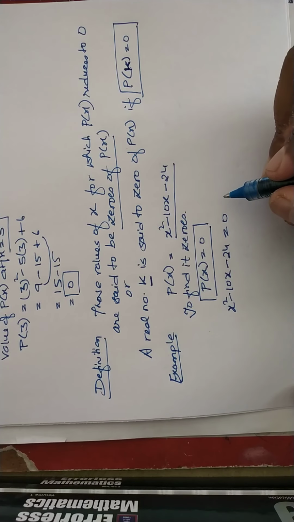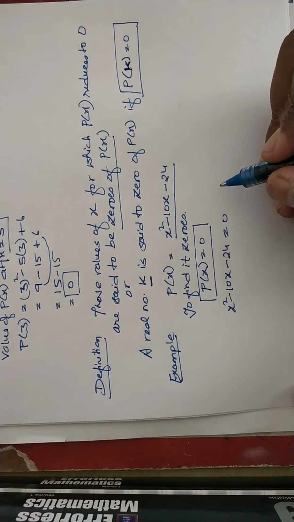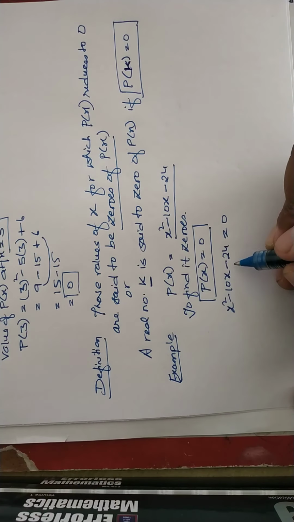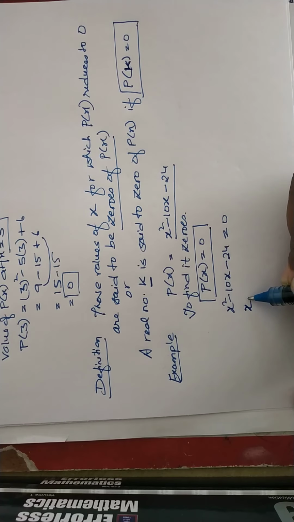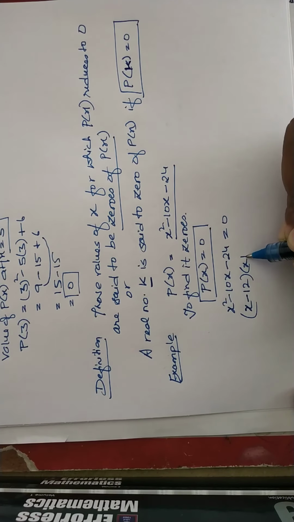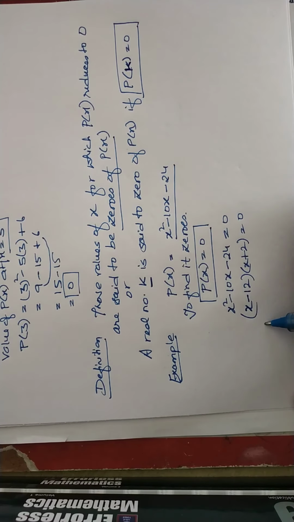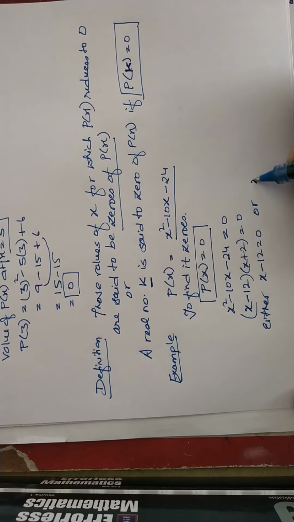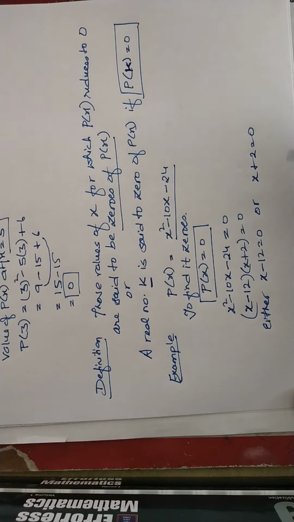For factorization of a quadratic polynomial, see the video which I have already shared. If you go through this video, you will be able to factorize this polynomial. So that comes out to be (x minus 12)(x plus 2) equals 0. So either x minus 12 equals 0 or x plus 2 equals 0.